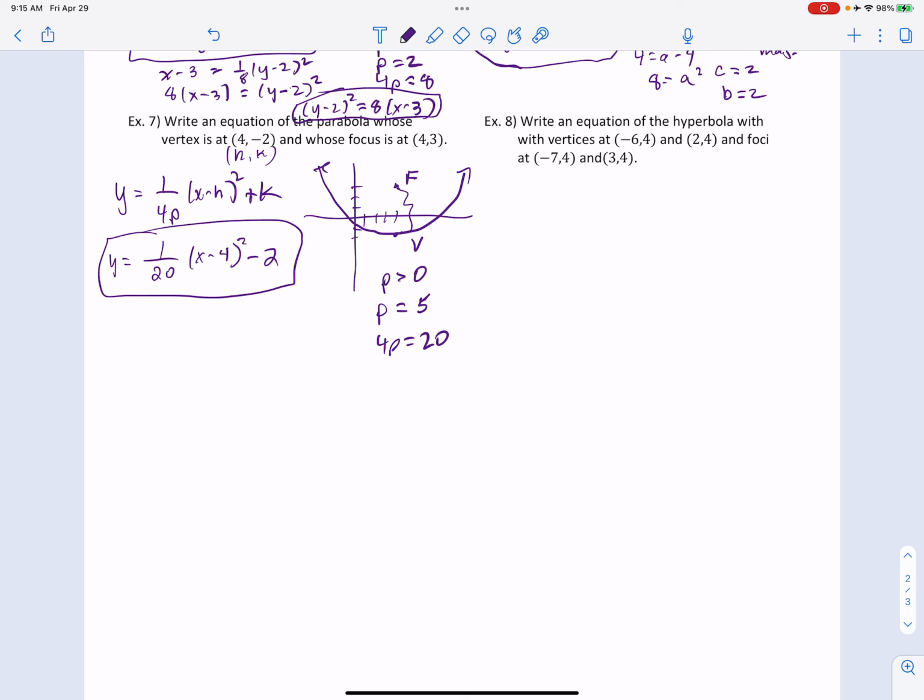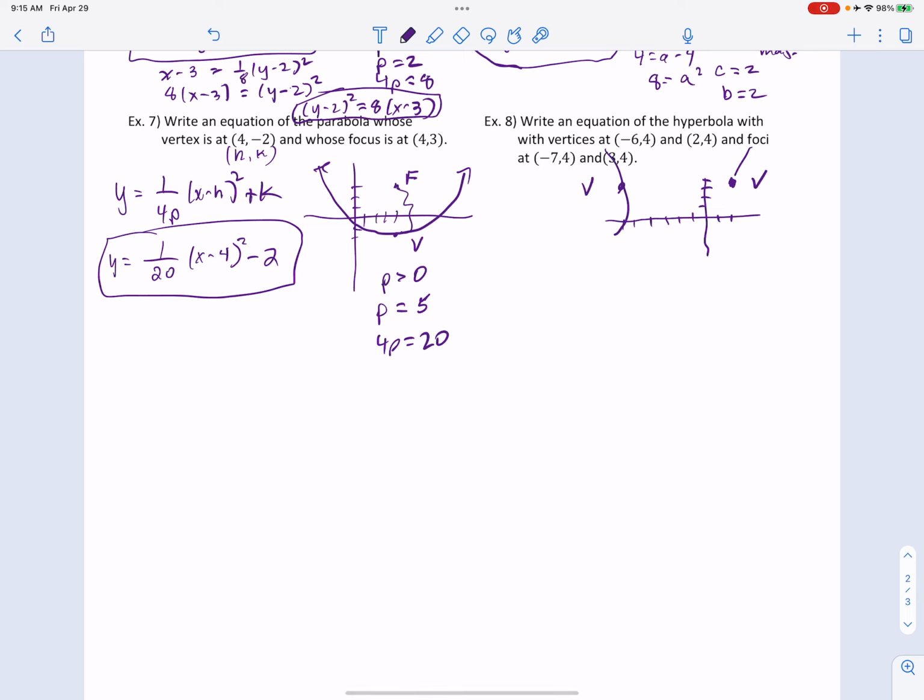Number 8, write an equation of a hyperbola with vertices at -6, 4 and 2, 4. So -6, 4 and 2, 4, those are vertices.